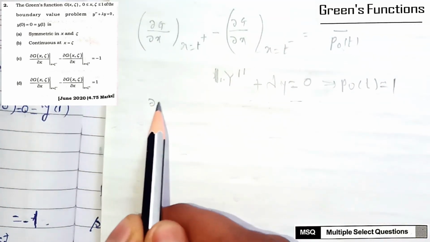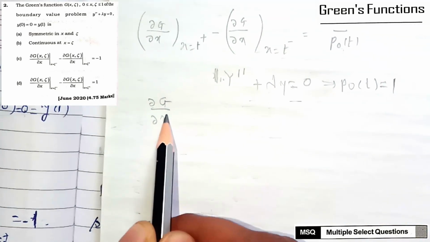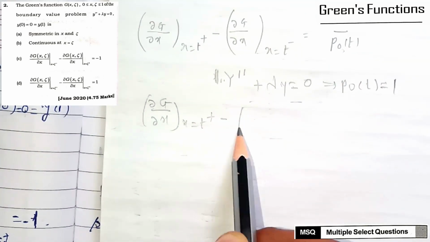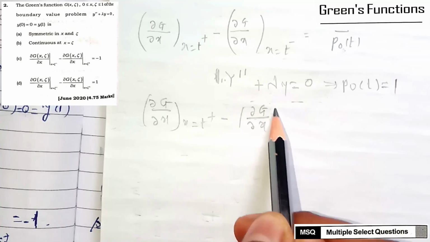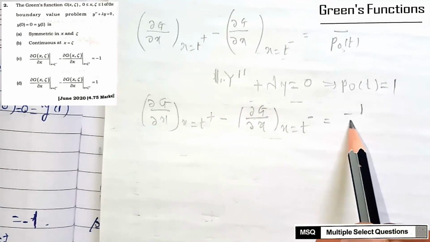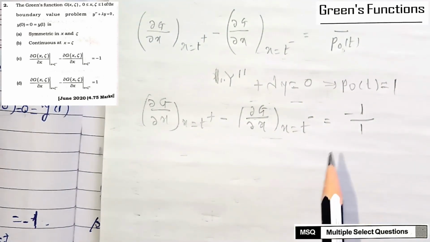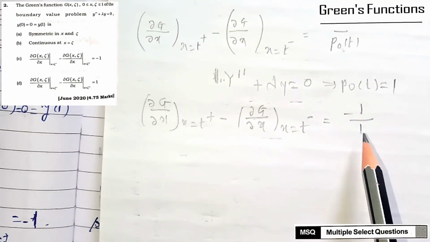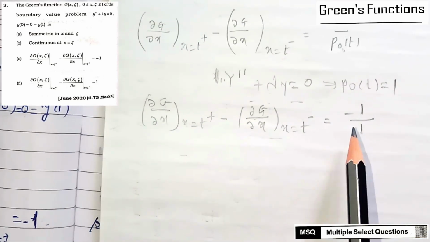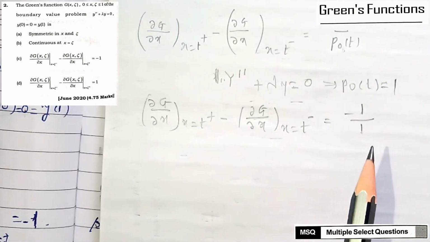So we get ∂g/∂x at x equal to t plus, minus ∂g/∂x at x equal to t minus, equal to minus 1 upon P naught of t, which is 1, so minus 1 upon 1. Now we multiply negative to all the sides, because it's given that way in our options.